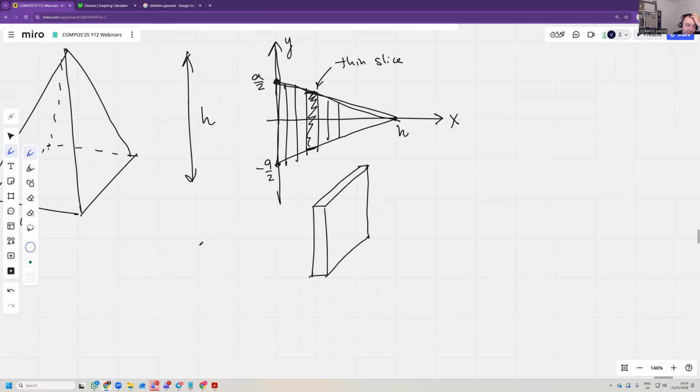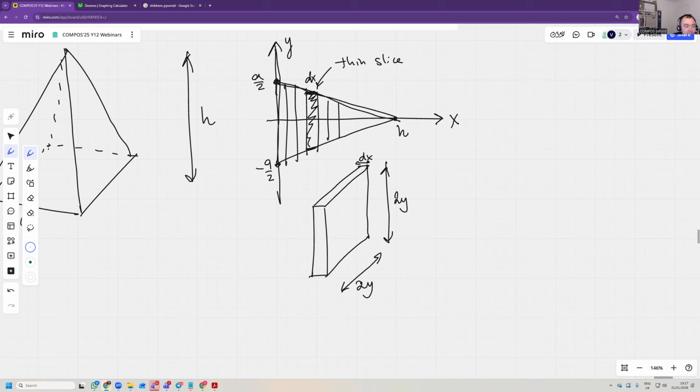Okay, so taking one such slab, we can say that the height is dx, so the width is dx. And the size, well, that's just y, that's 2y. The size is 2y, and this width is also 2y.